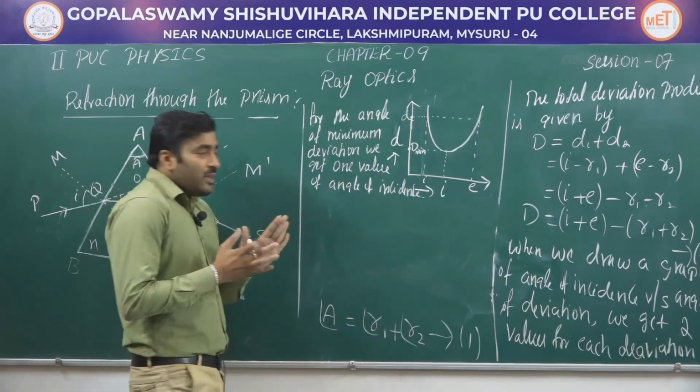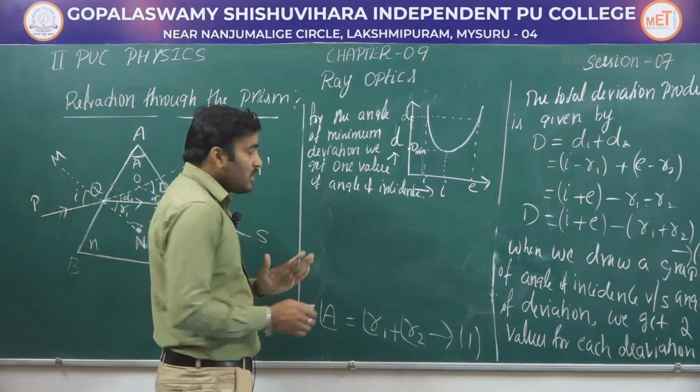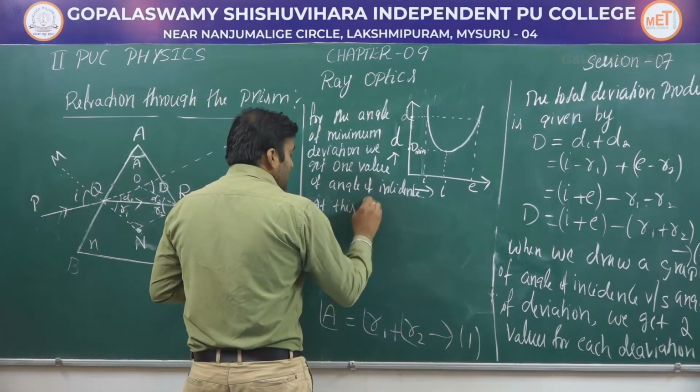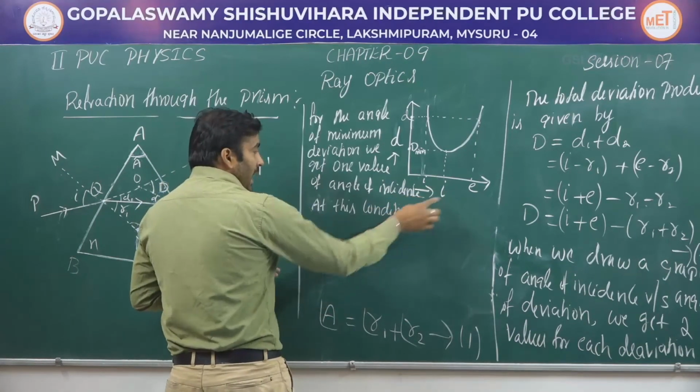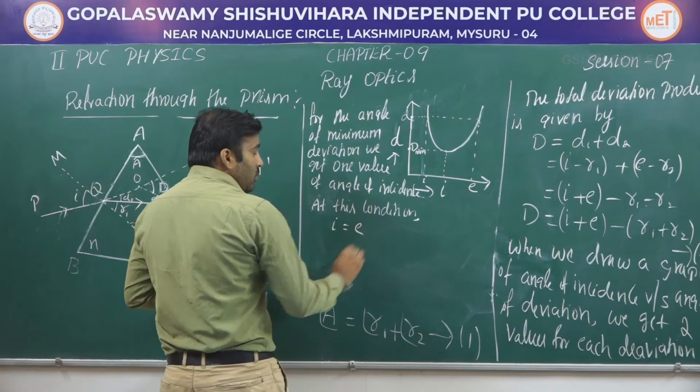Okay? So if this condition is obeyed, at this condition we get only one value for angle of incidence. Therefore, I is equal to E.